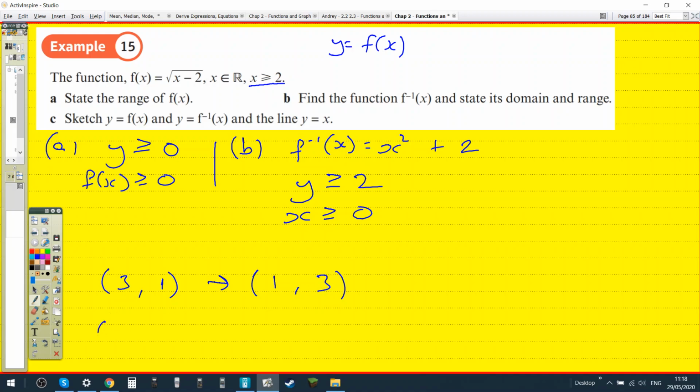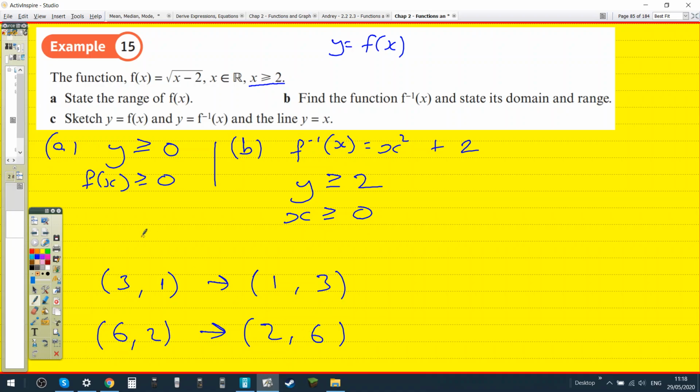Yeah. Let's see. So square root of 4 is 2. Take away. So if I sub in 4. No, if I sub in 6. So this one has 6, 2. What coordinate do you know is on the second graph? 2, 6.